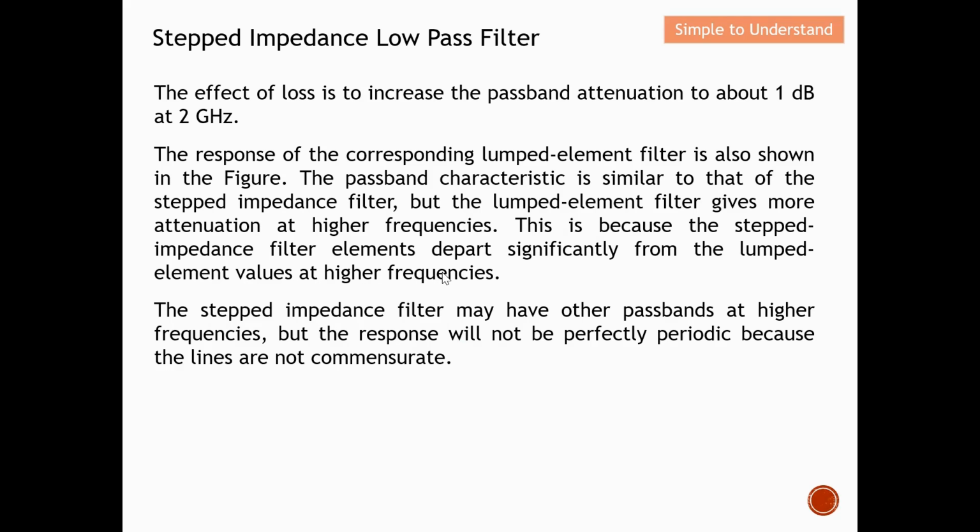When we design this step impedance filter, at high frequency, because they are using distributed elements, they deviate quite significantly. So please take note of this. The step impedance filter may have other passbands at high frequency, but the response will not be perfectly periodic because the lines are not compensated.